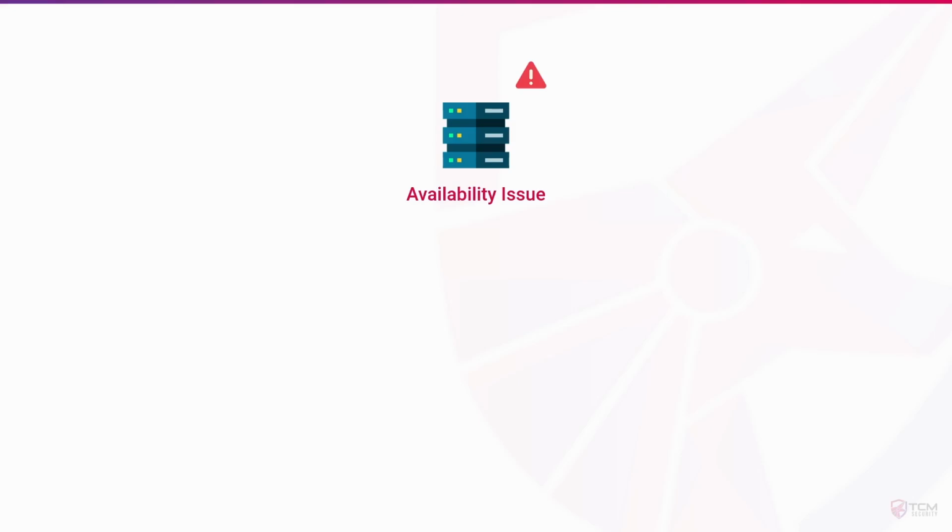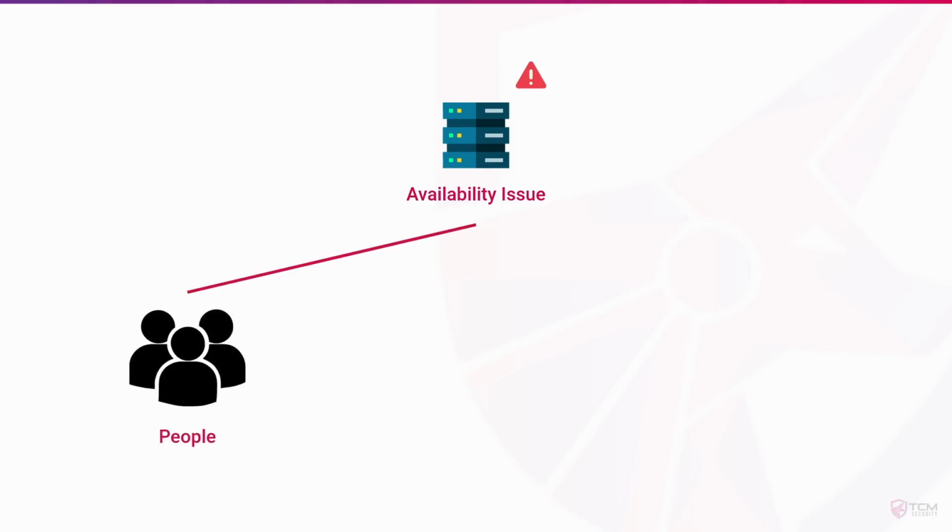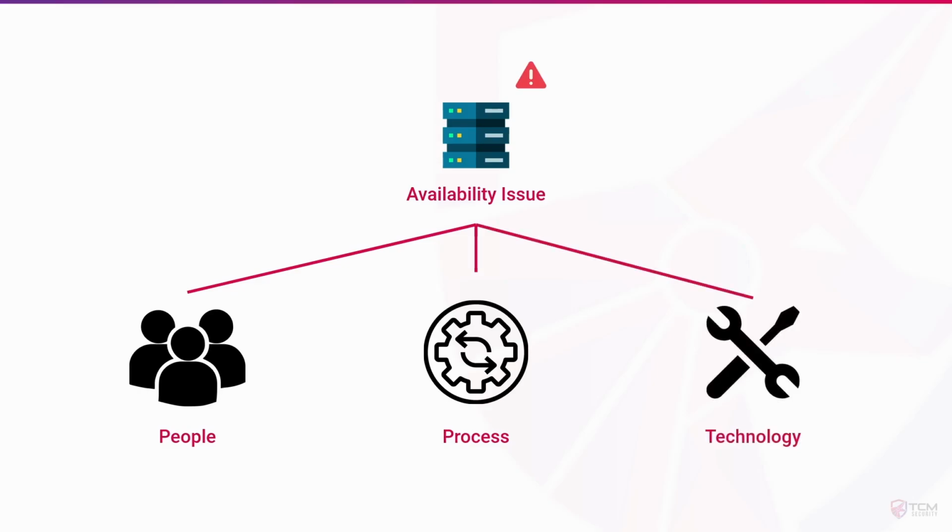So the SOC would rely on the people, the skilled analysts and other IT personnel who understand the intricacies of the system. These people would then enact pre-established recovery, redundancy, or failover processes to mitigate the impact of the availability issue. And lastly, they would utilize technology solutions like automated backup software or redundancy failover solutions that can restore and bring up the affected server.